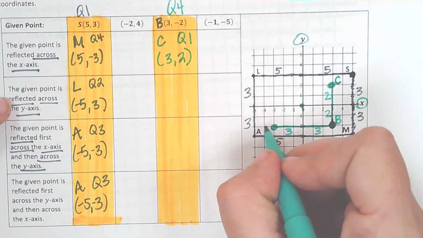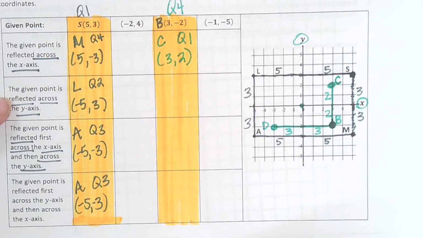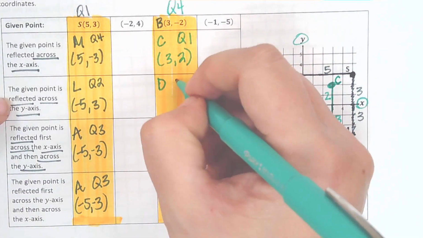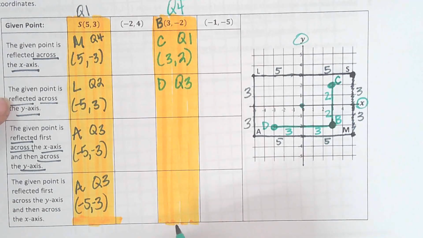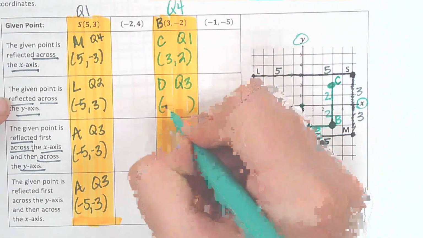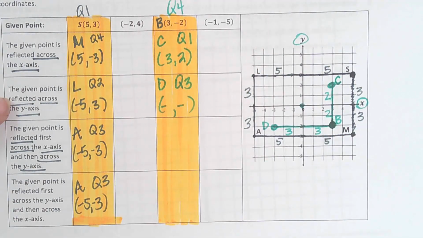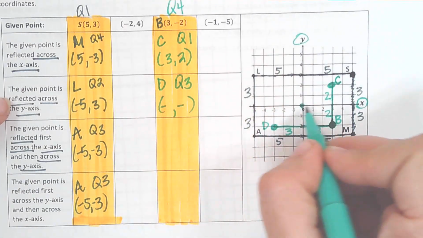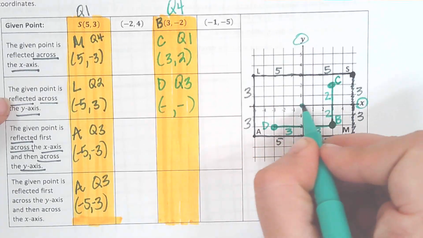And we're going to label it. I already did C, so now I'm going to label it D. What quadrant are we in, guys? And we know in quadrant 3, X and Y are both going to be negative, but what's my numbers here? What's my X?